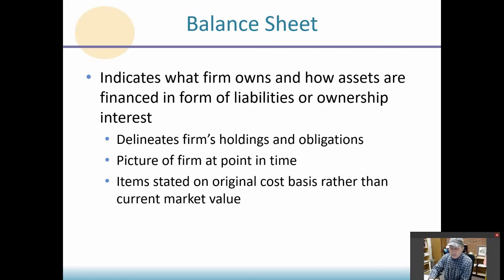So the balance sheet's a point in time, right? And that's what the second one there tells us, right? Items are stated on an original cost basis rather than current market value, and that can be a big deal, right? And it really depends on the item. For example, land: in this country, if you bought land, let's say 30 years ago, you paid $200 an acre for it, grazing land or some combination of grazing and crop.